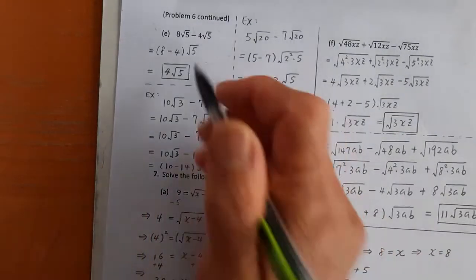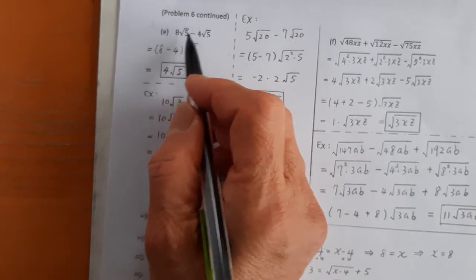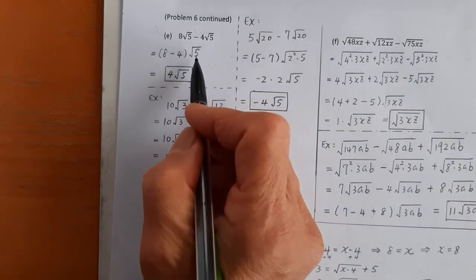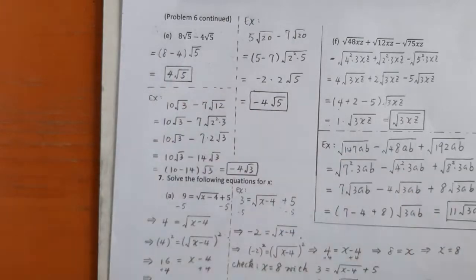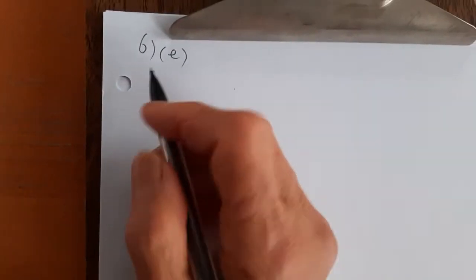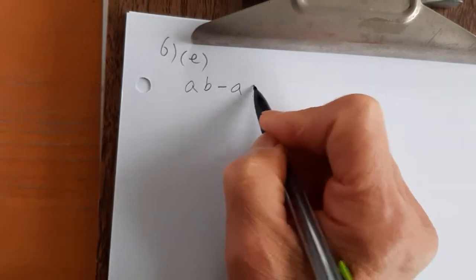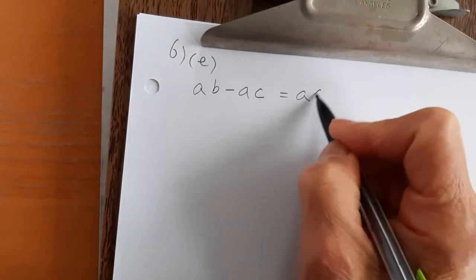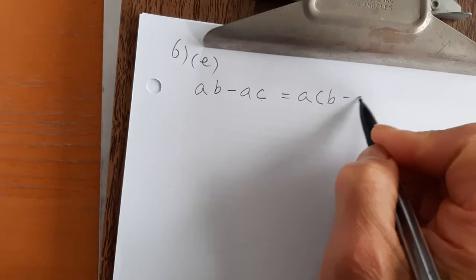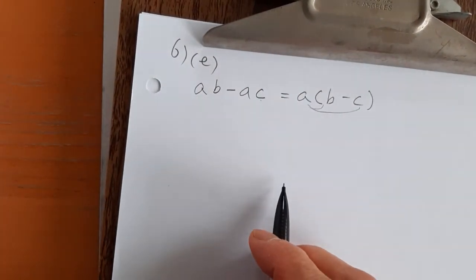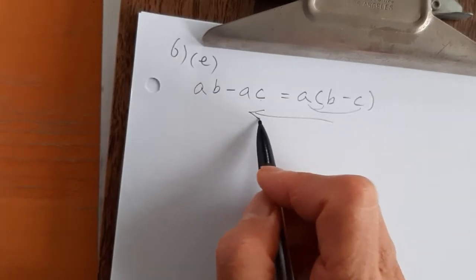We do the subtraction, square root of 5 minus 4 square root of 5, and use distributive property, factor out the common factor. This AB minus AC, use distributive properties, A times B minus C.